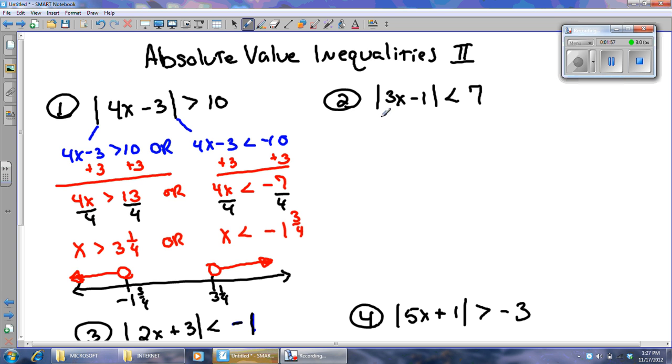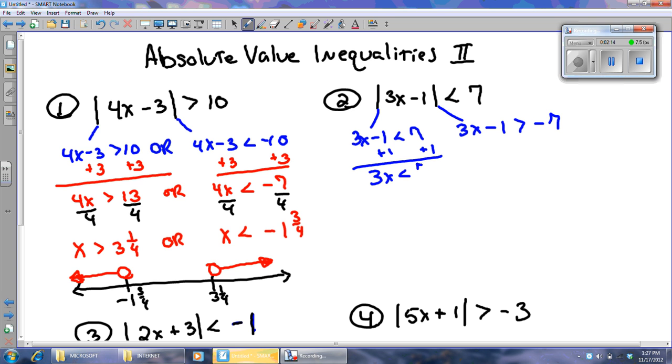All right, here comes my solution for number 2: 3x minus 1 less than 7, and 3x minus 1 greater than negative 7. Adding 1, I get 3x is less than 8. Divide by 3, divide by 3. x will be less than 2 1/3.